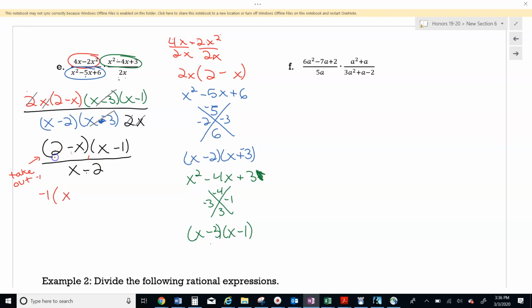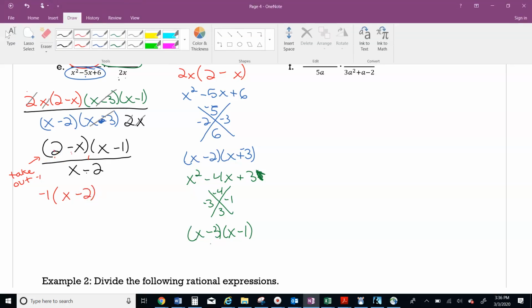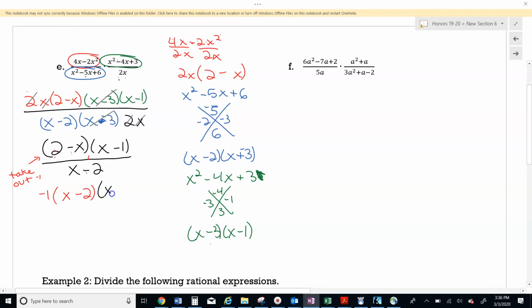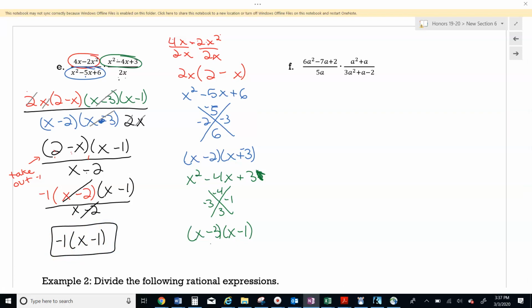And if I take out a negative from positive 2, I'm left with negative 2. So I'm left with -1 times x minus 1. Right, we kind of looked at that trick in our last notes that we can take out a negative there. Okay.